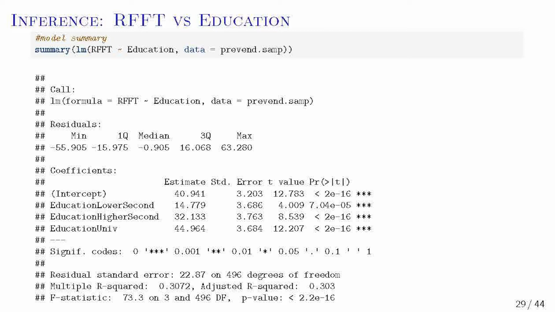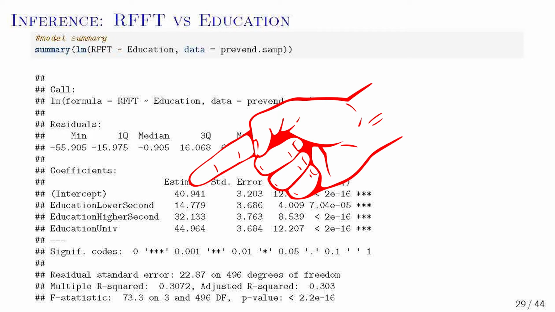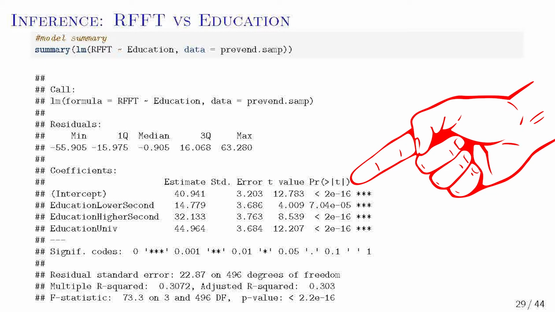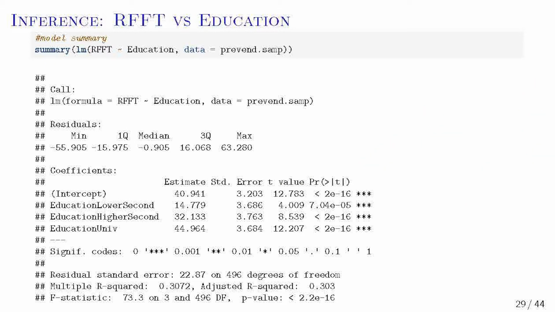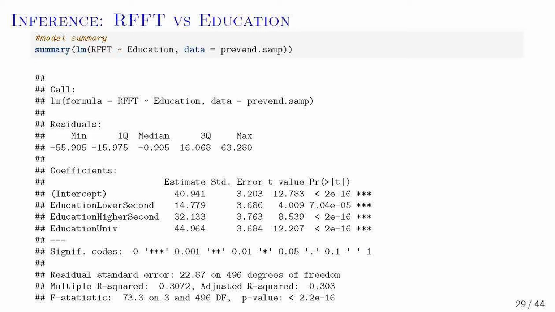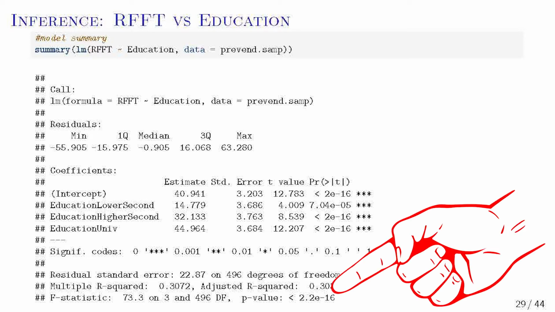We have our estimates, our standard errors for the estimates, t-values for the t-tests we just talked about, the p-values for those t-tests so that we can see what kind of significance each of those variables has, the r-squared so we can know what proportion of the variation we are explaining with our model, and finally the F-statistic and its p-value.